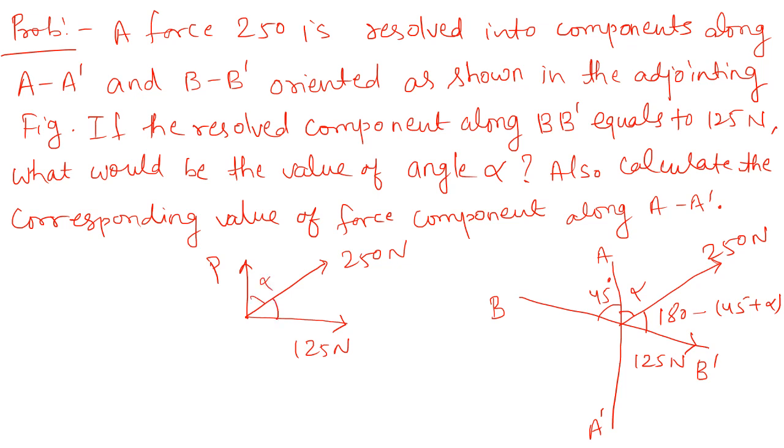This angle is 180 minus 45 plus alpha. Now I think you can solve by yourself, and the value of alpha is found to be 20.71 degrees and P is 322.27 Newton.